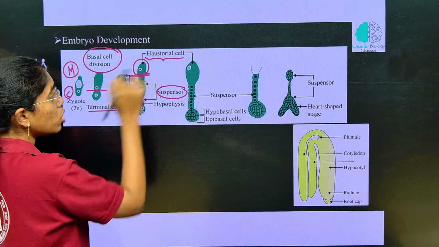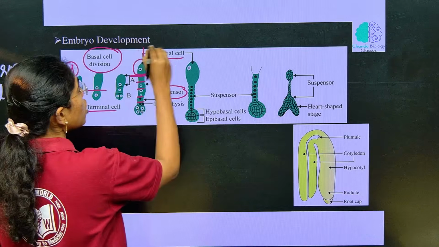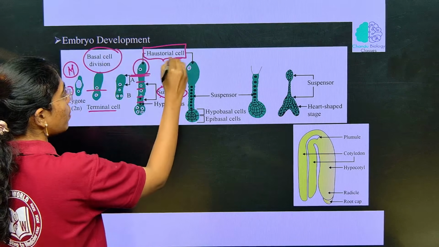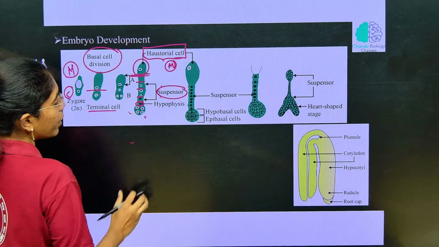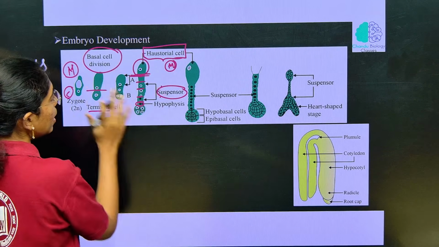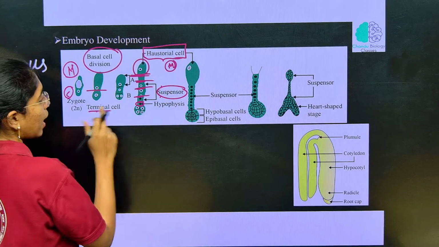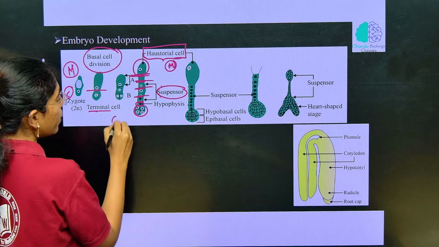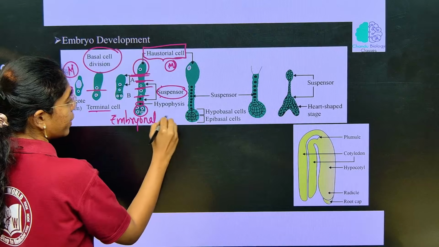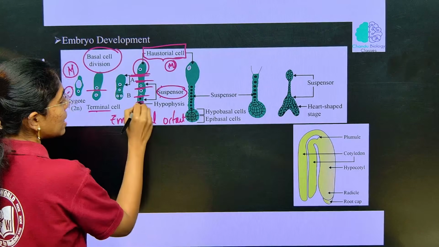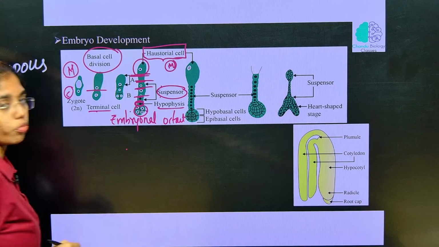The uppermost cell of the suspensor, which is close to the micropylar end, is known as the haustorial cell, and the suspensor cell which is attached to the embryonal octant is the one next to it. The terminal cell will give rise to the embryonal octant.